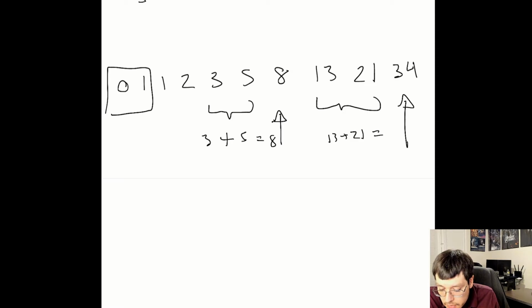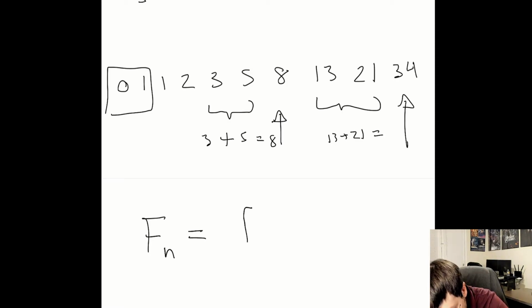Okay? So if you ask a mathematician to define this, they'll define it using a function. Let's say that f of n, which represents the nth number of the Fibonacci sequence, is made up of the following rules. It's made up of the previous number plus the second previous number.